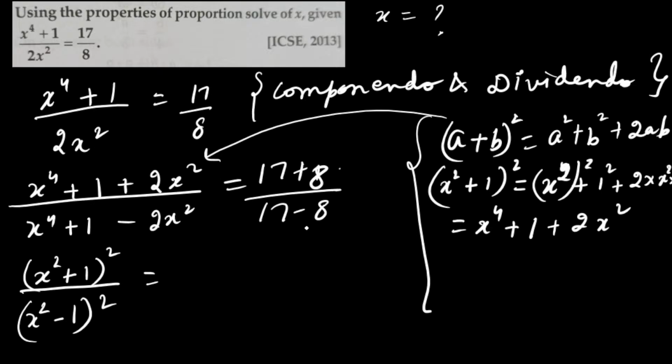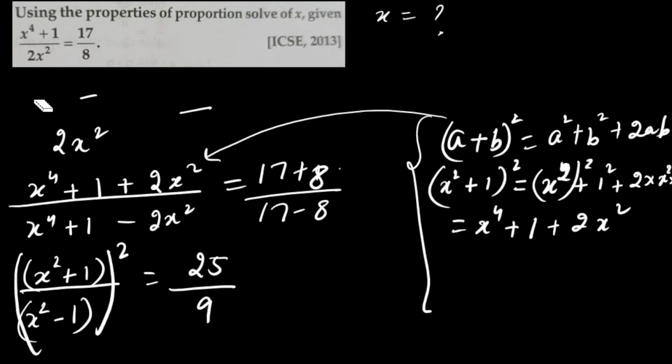It equals 17 plus 8. What is 17 plus 8? 25. And 17 minus 8? 9. Now, whenever a square is on both sides, I can simply write it as a whole square instead of writing two different times. So we have to find the value of x. Now what we will do, I am just going to clear this.